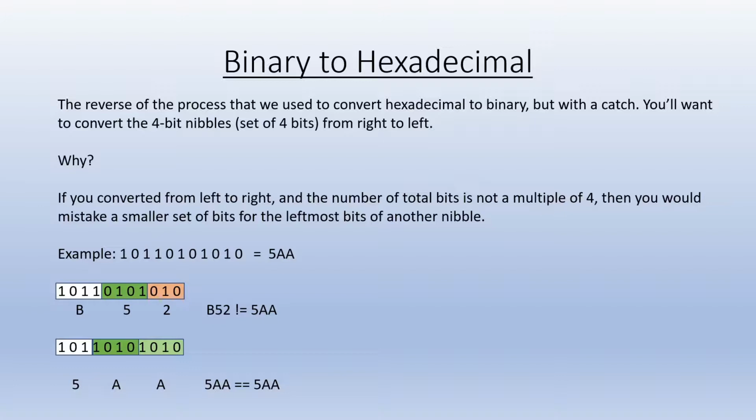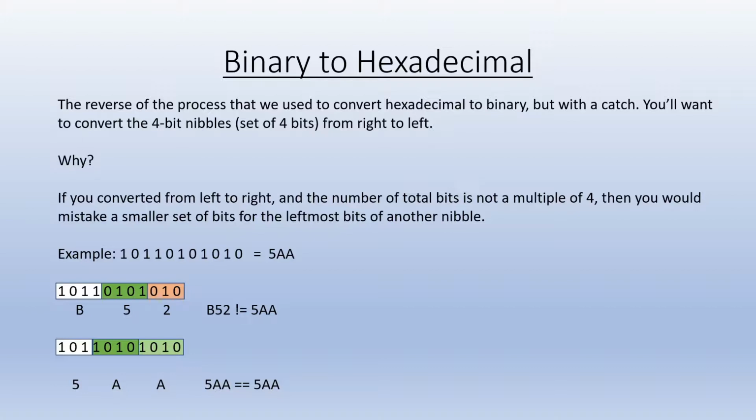What ends up happening is you end up interpreting the first hexadecimal character as being represented by 1011, which is 8 plus 2 plus 1, that's 11, which is represented in hexadecimal as B. And then the next nibble represents the number 5. The next nibble, well, it's not actually a nibble, but the next set of bits represents the number 2. So you would end up snapping them together and getting B52, which is not 5AA.